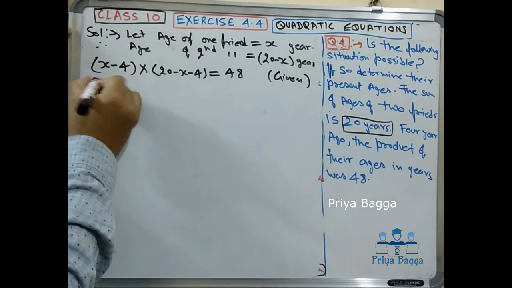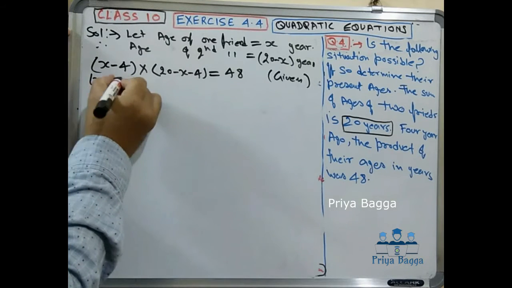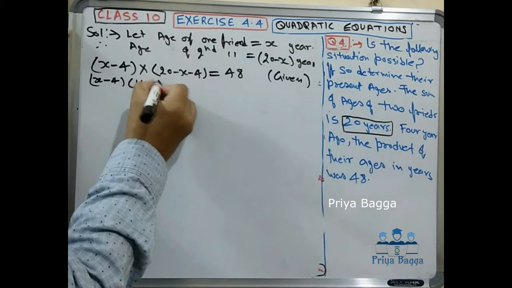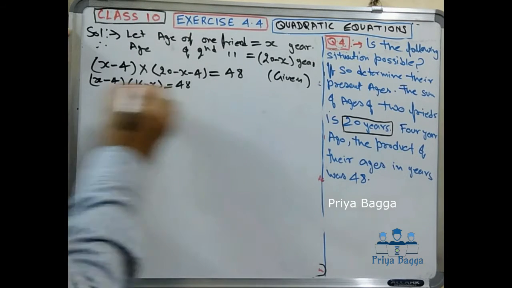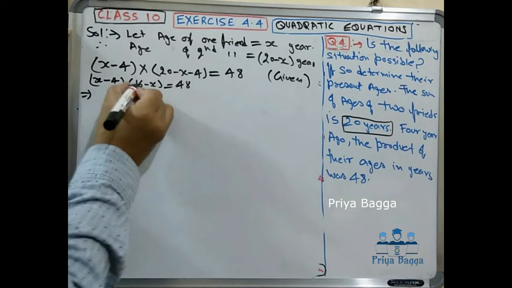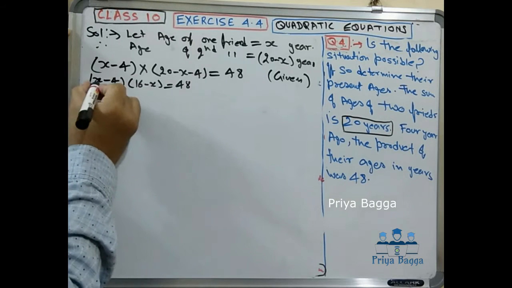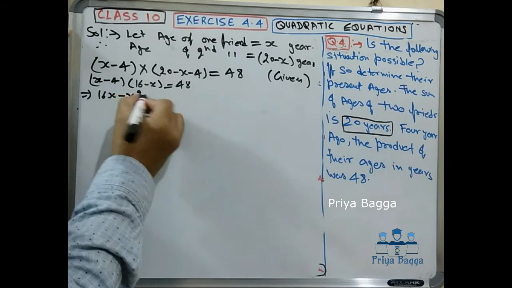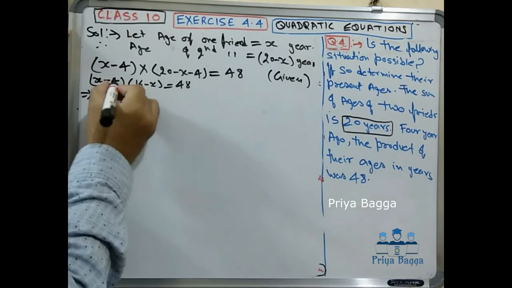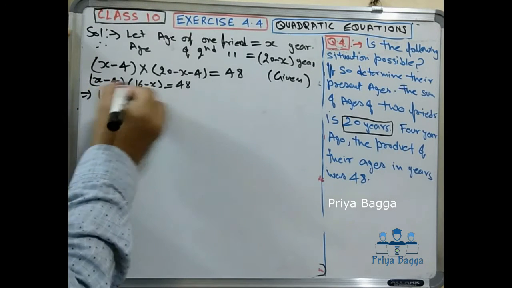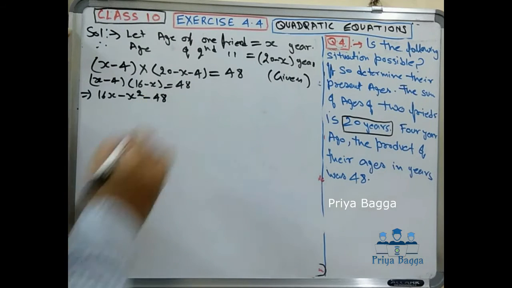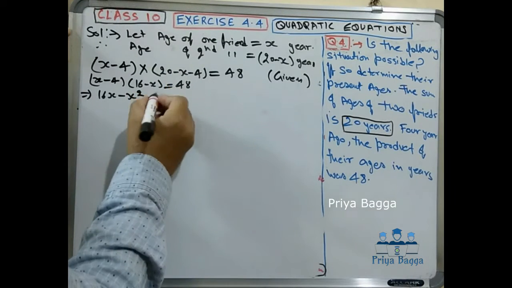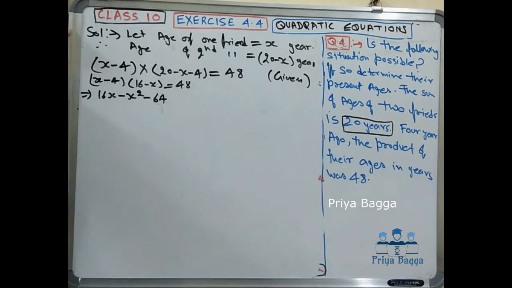So let me simplify it. x minus 4 into 20 minus 4, that is 16 minus x, is equal to 48. Now I will multiply it. x into 16 will be 16x. x into minus x will be minus x square. Now minus 4 into 16 will be, sorry, not 48, this will be minus 64.